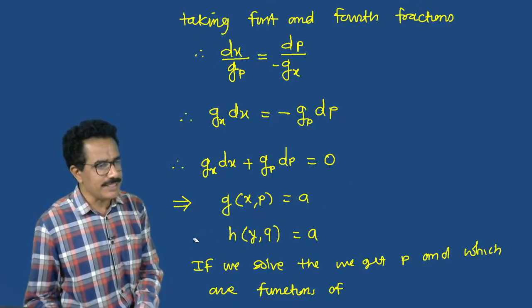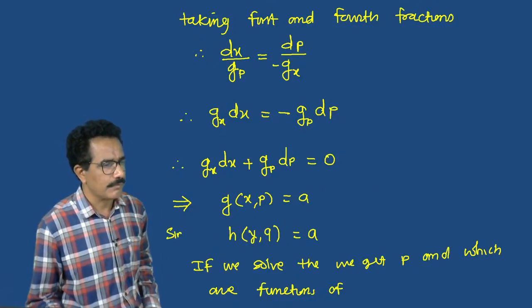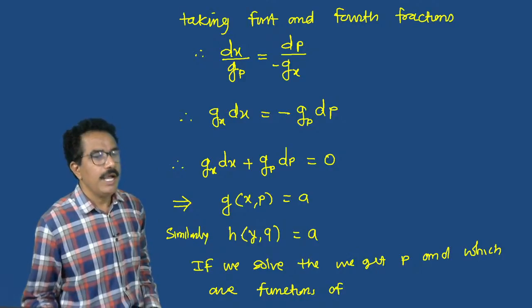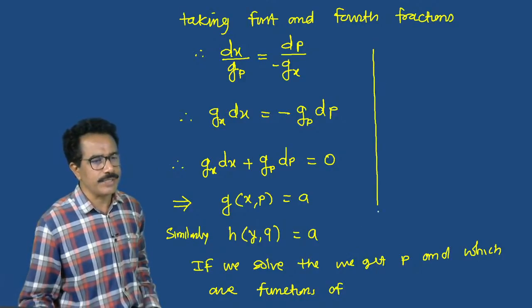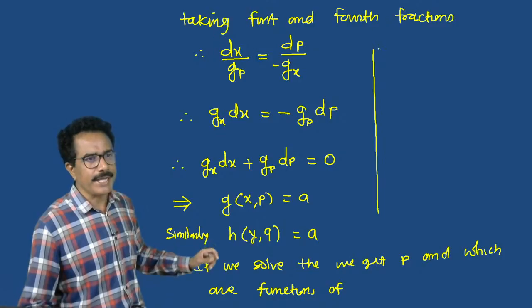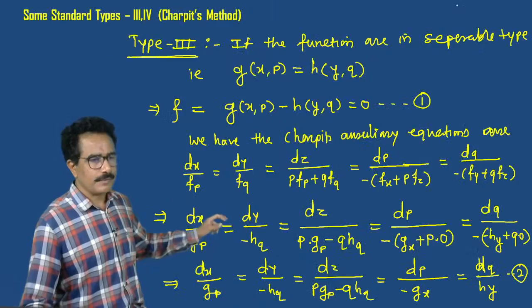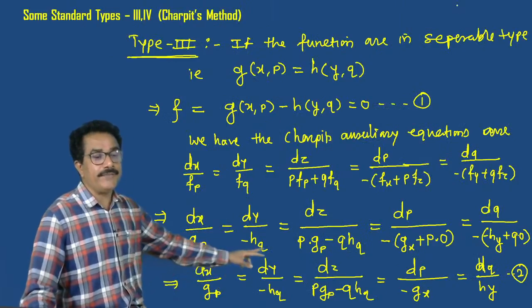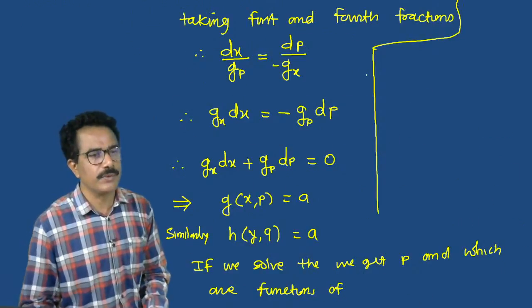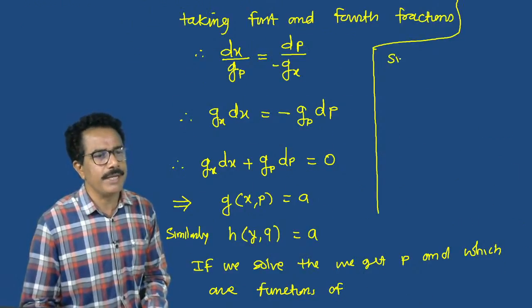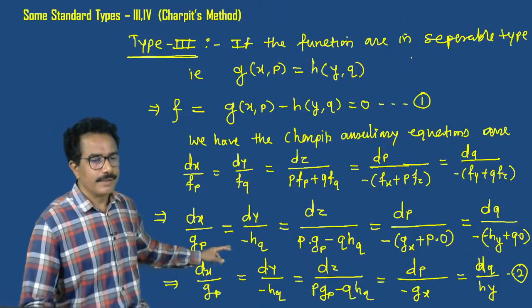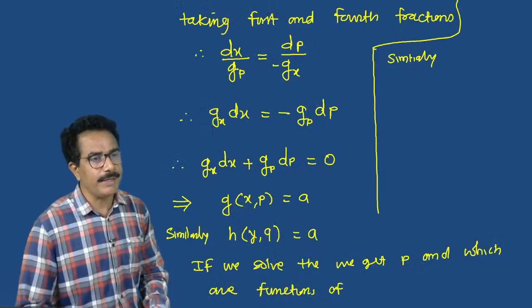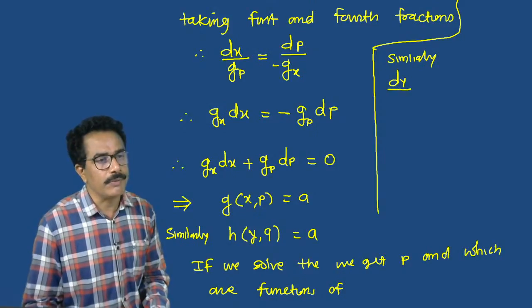Similarly, you shall check how we will get this. If we take second and fifth, then what will happen? dy divided by hq.